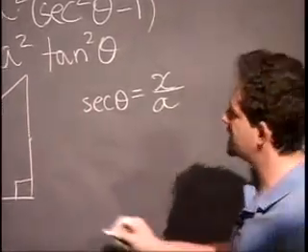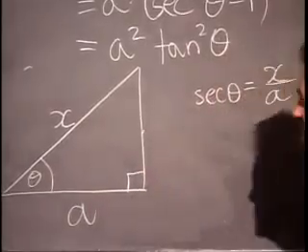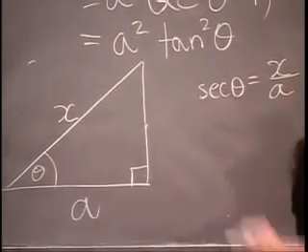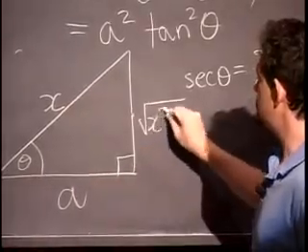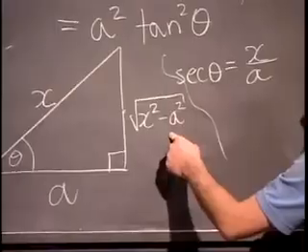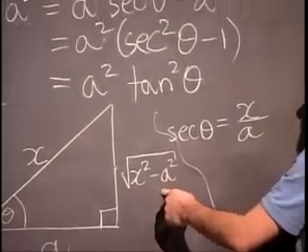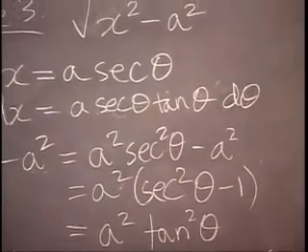So secant is actually the hypotenuse over the adjacent. And so this side will be the hypotenuse squared minus the other side squared. And surprise, surprise, you get the same thing here for the unknown side as you do for the thing that was in the integral that inspired you to use type 3.